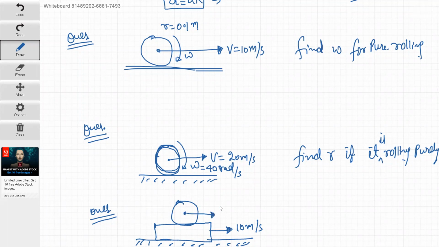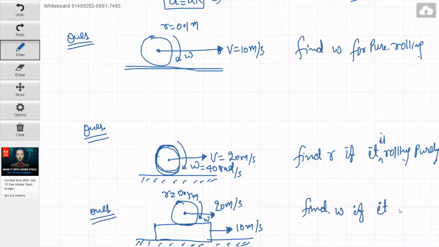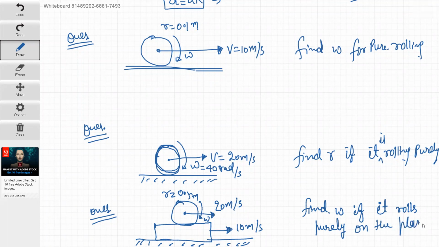This is moving in this direction with 20 meter per second. Radius is equal to 0.5 meter. This is omega. So find omega if it rolls purely on the plane, on the plank. Is this all right? Do it.